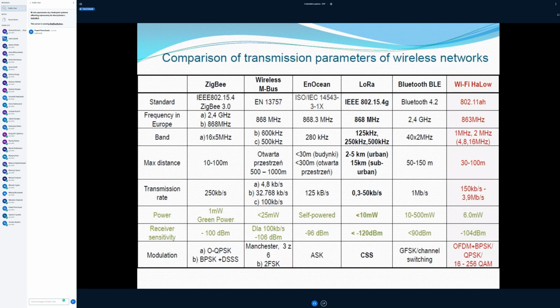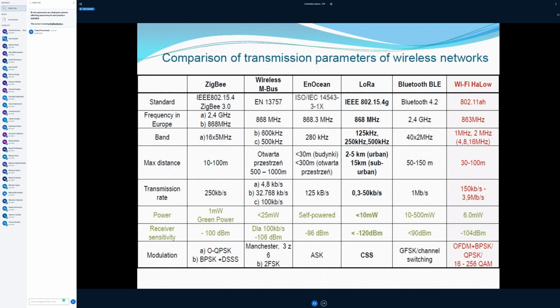Another line is the band occupied. So in the case of ZigBee, you have 16 channels of 5 megahertz. So theoretically, the modulation rate here would be 5 megabaud.